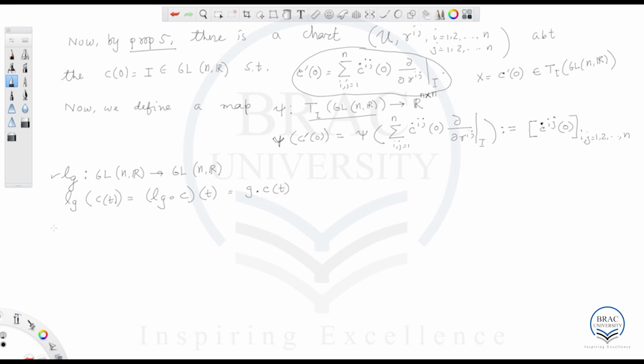So by proposition 8, the differential of this map at the identity matrix is an element here, acting on X, where we have seen that X is equal to C'(0), and this is an element in T_I GL(n, R), right?